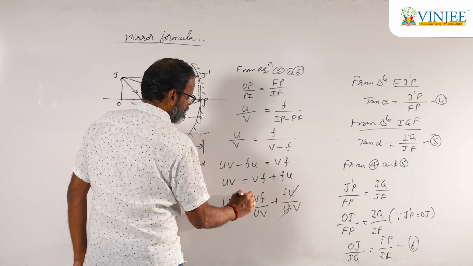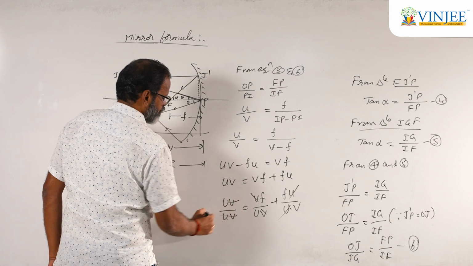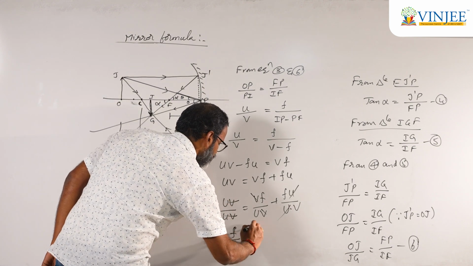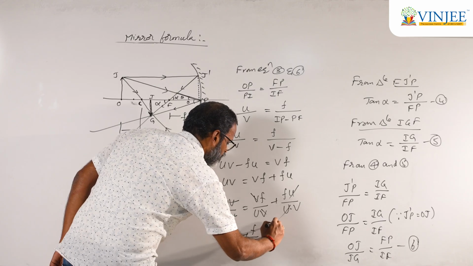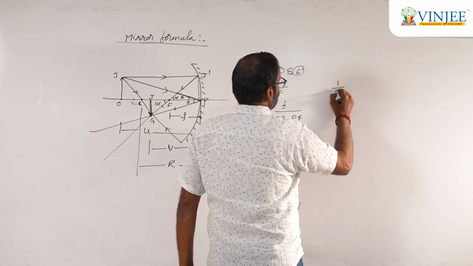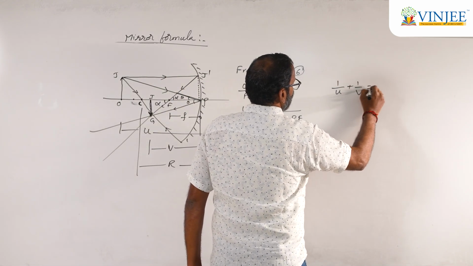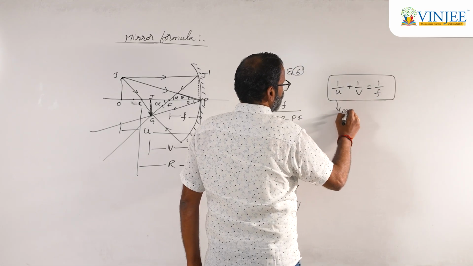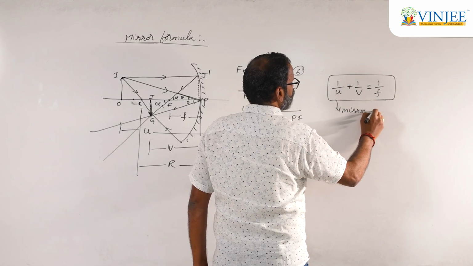U and U cancel, V and V cancel, UV cancel. That implies F by U plus F by V is equal to 1. 1 by U plus 1 by V is equal to 1 by F. This is the mirror equation.